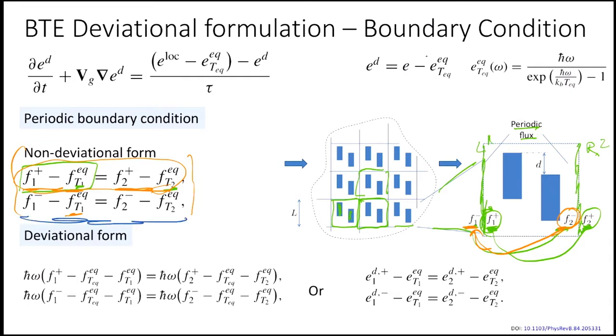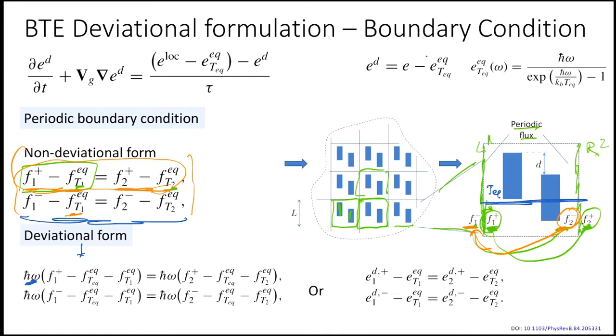Right, okay. So we have written these periodic boundary conditions in the non-deviational form. In the deviational form, we have to subtract the equilibrium distribution, whatever equilibrium temperature we have assumed. So what we have done to go from the energy formulation to the energy-deviation formulation: first of all, we multiplied everything by h bar omega.